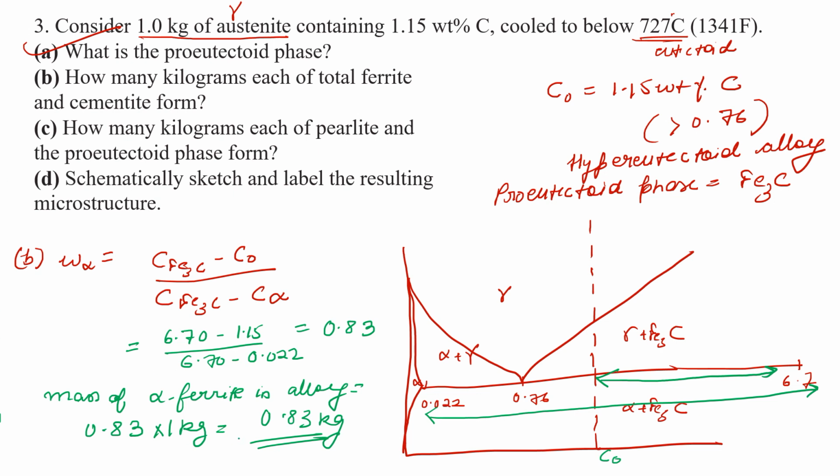For the remaining part, you can also apply the lever rule to get the weight of the remaining Fe3C phase. Total cementite is just a complement, so W Fe3C plus W alpha is equal to 1.